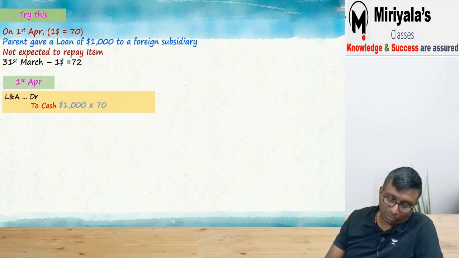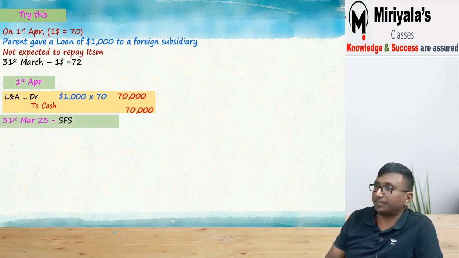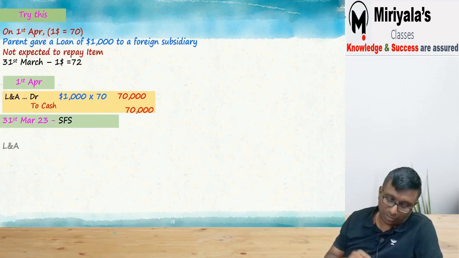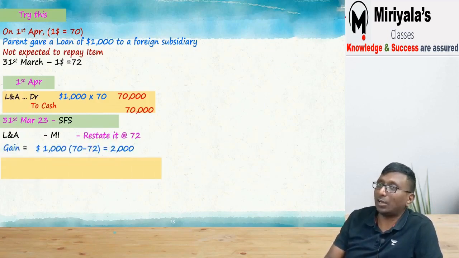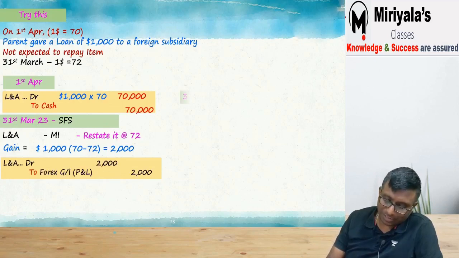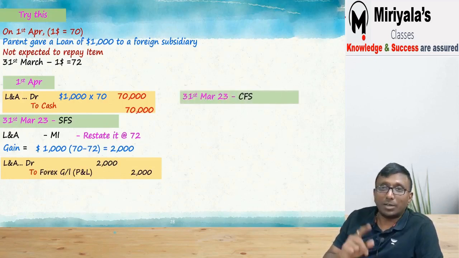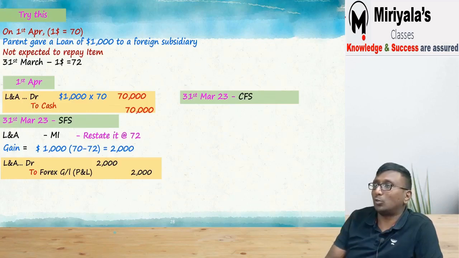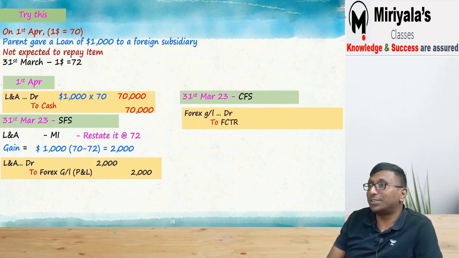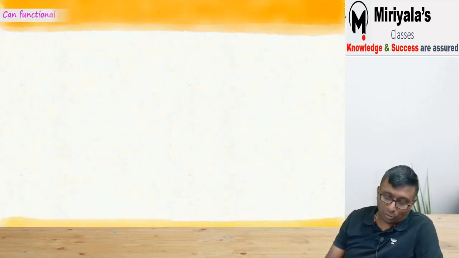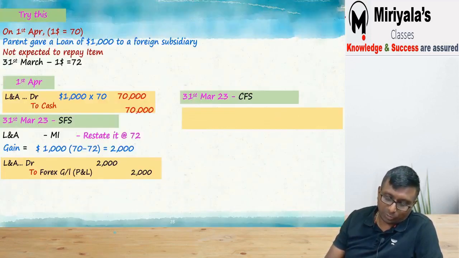When you gave the loan on 1st April, the $1,000... In the standalone financial statements, restatement of the monetary item gives a gain of 2000. L&A account debit to profit and loss statement. Foreign exchange gain or loss 2000. But in the consolidated financial statements, what you transfer to P&L should go to OCI. So what am I supposed to do? Foreign exchange gain or loss account debit, transfer to FCTR. That's all I am trying to tell you. This will come a little later.